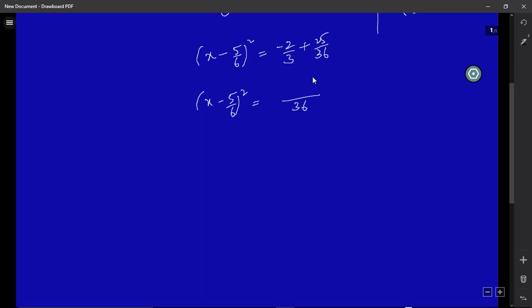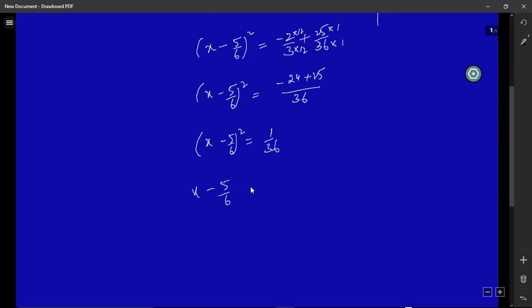The LCM of 3 and 36 is 36. 3 12s are 36, so up in the numerator also I am going to multiply by 12. 36 1s are 36. So numerator also I am going to multiply by 1. 12 2s are 24. 25 1s are 25. 25 minus 24 is 1 by 36.